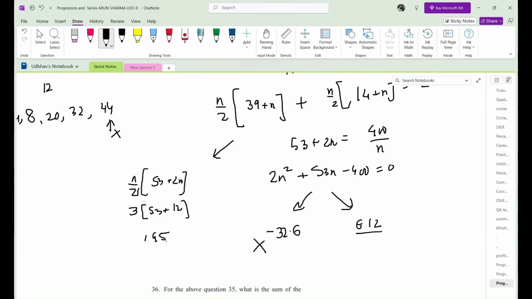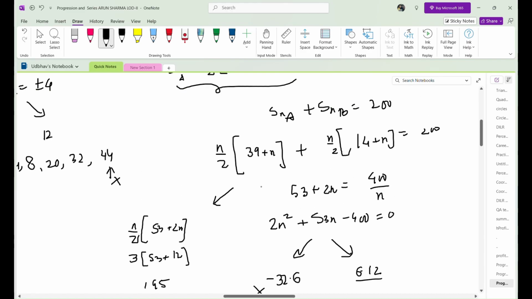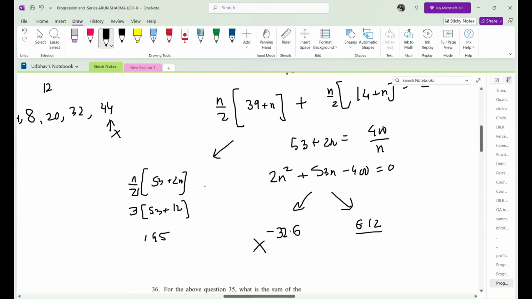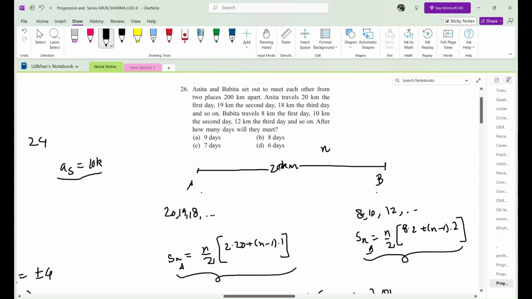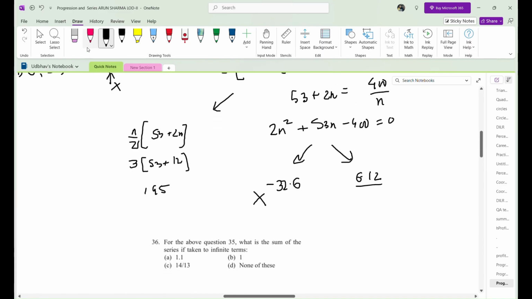So they are traveling 195 kilometers. The sum of their distance will be 195 after 6 days, but for them to meet, the sum should be equal to or more than 200.